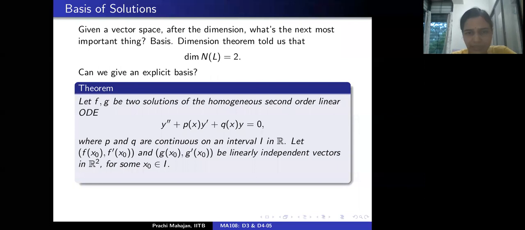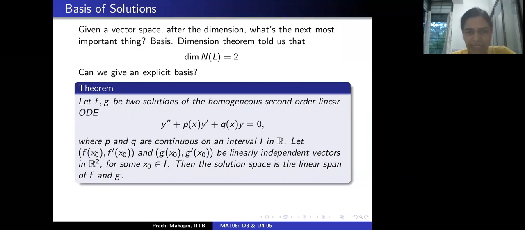The point x0 is some point on the interval I where p and q are continuous. If that is the case, then the solution space to this ODE is actually the linear span of f and g.